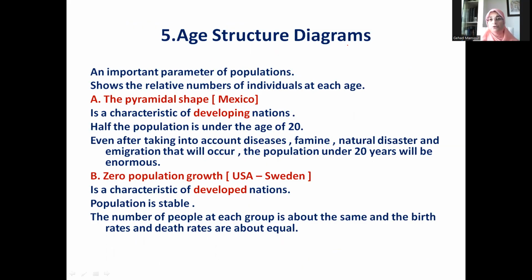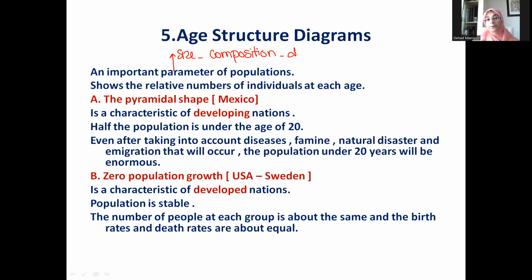The age structure diagrams are another way of representing the parameters of the population, meaning that it represents the size of the population, and the composition of the population, as we said before: how much are young, how much are in the middle age, how much are in the old age or in a certain age range.